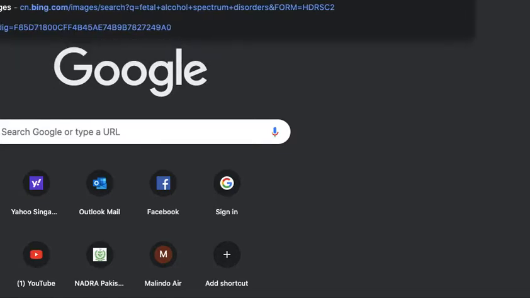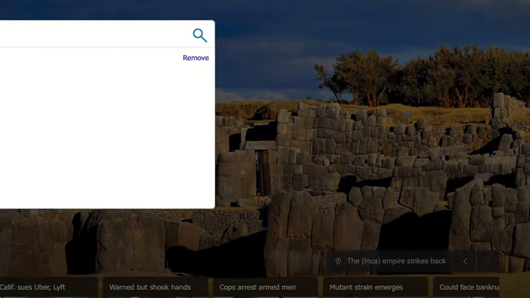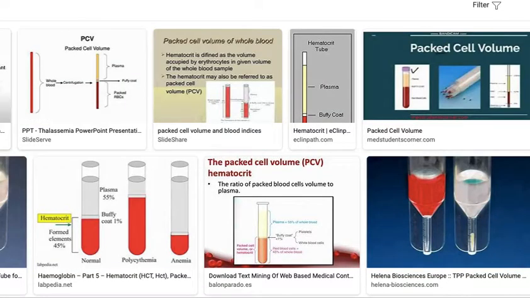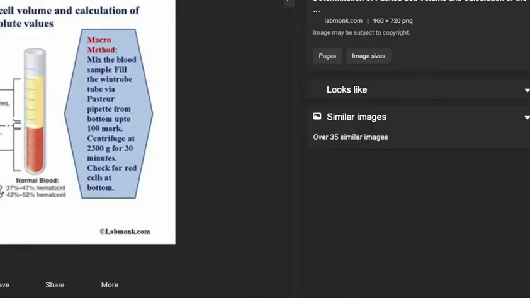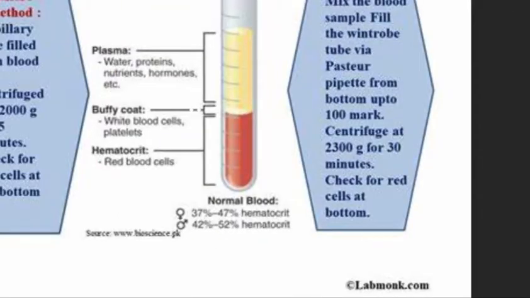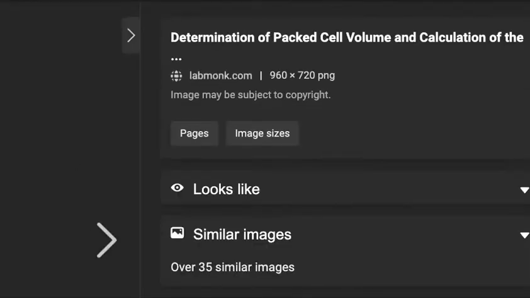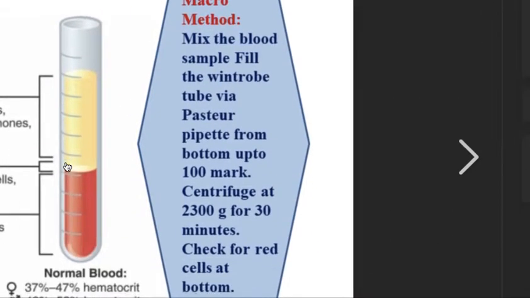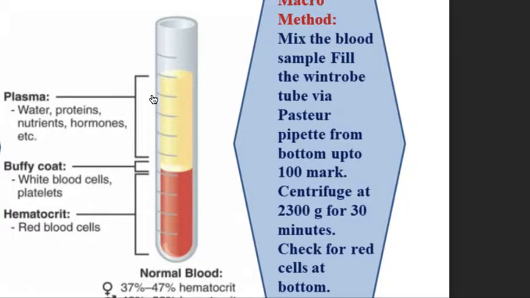Maybe I can get some photograph. Okay, you can see over here, when they check the blood, they find it in this way: what they will have is plasma, then there is a small part of buffy coat, and then there is hematocrit.